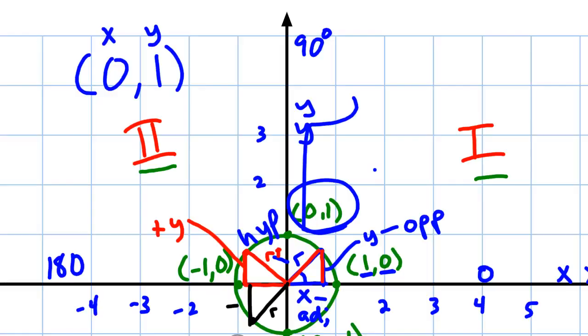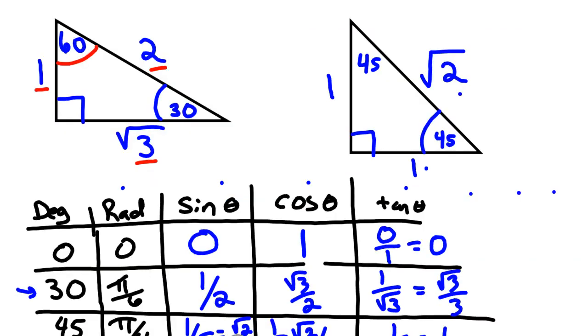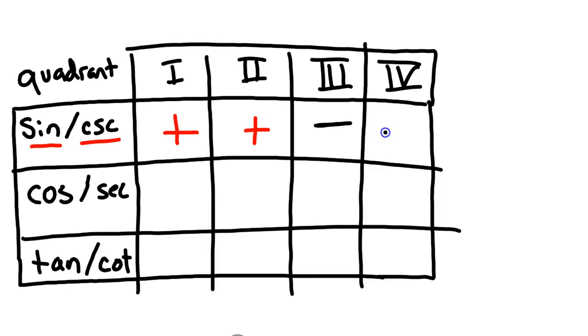Fourth quadrant, same thing. Here's my fourth quadrant. Here's a point on my unit circle. That is negative. Radius is positive. And so, whoops, wrong table. And so in that fourth quadrant, sine is always negative.